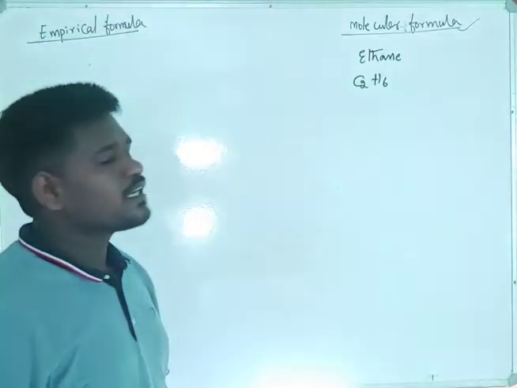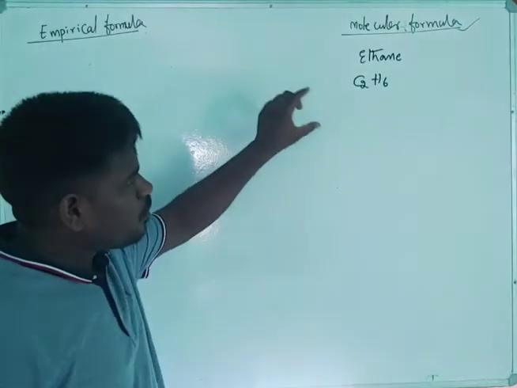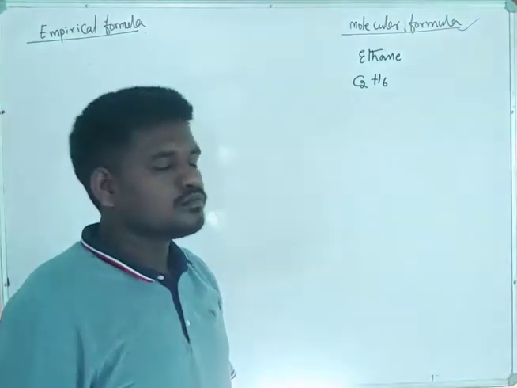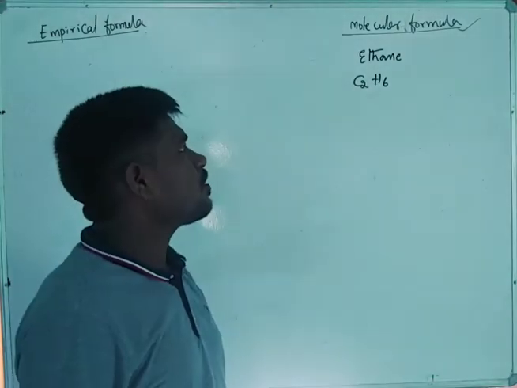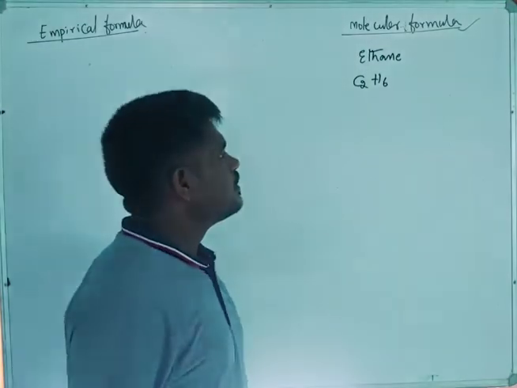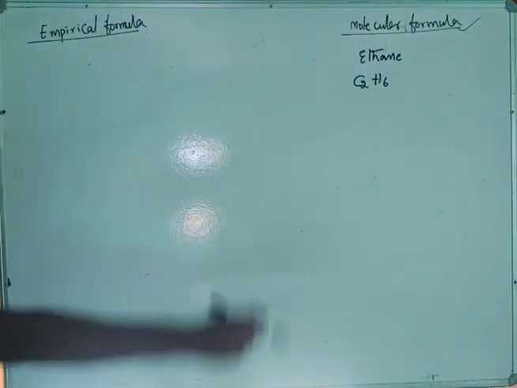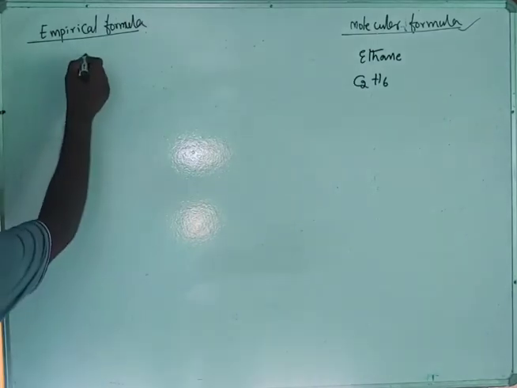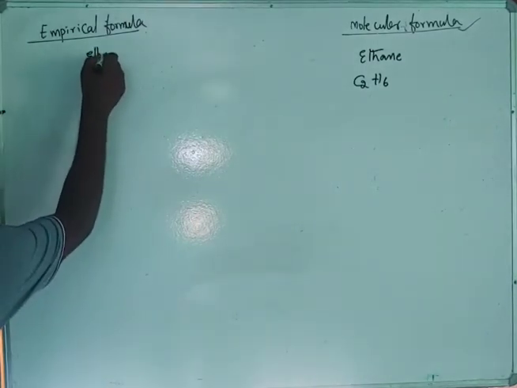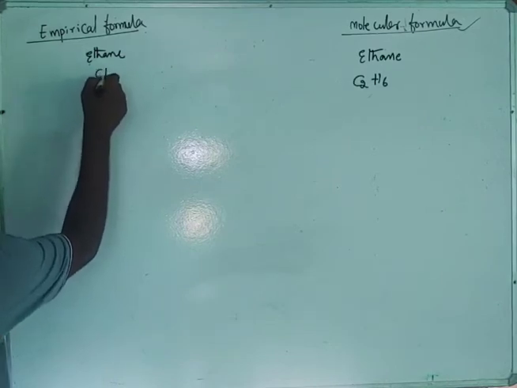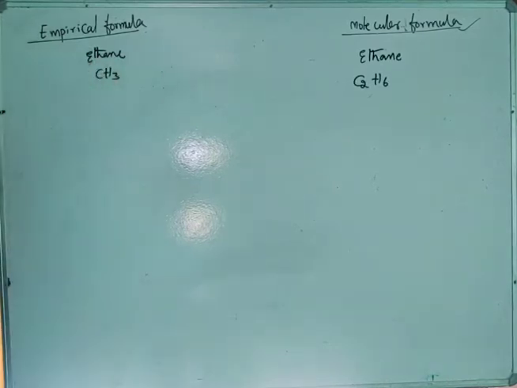In the ethane molecule, I have mentioned all the atoms, which is the molecular formula of ethane. Next one, empirical formula means what? For the same compound ethane, the empirical formula will be CH3.